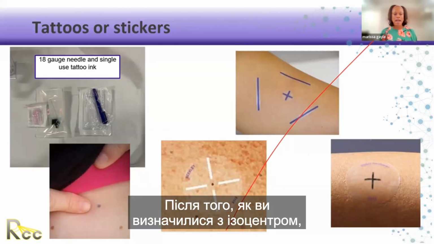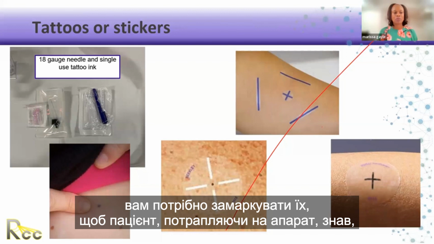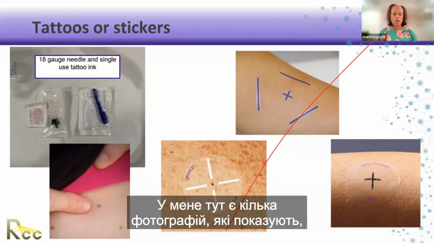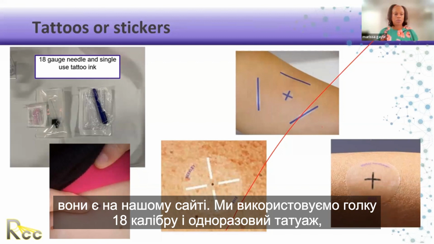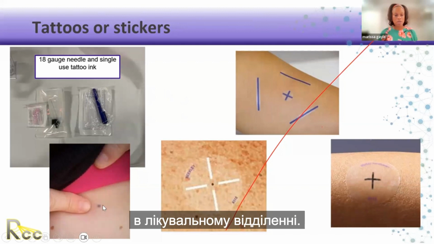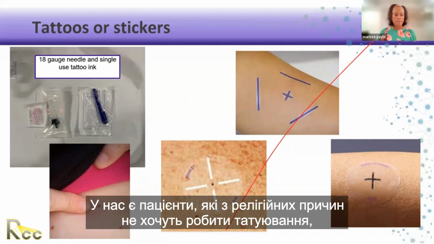Then once you have an isocenter picked out, you need to mark it so that when the patient gets on the treatment machine, they know where the marks are. So I have some pictures here showing that at our site, we use an 18 gauge needle and single-use tattoo ink, which creates a tattoo on the patient's skin that can be seen by all the therapists on the treatment unit.